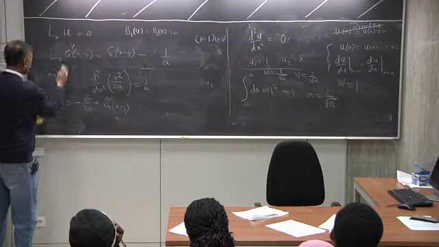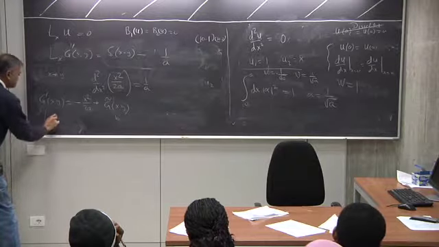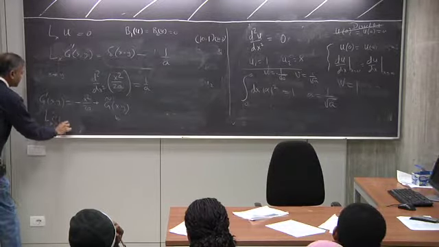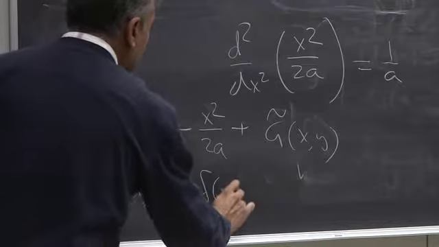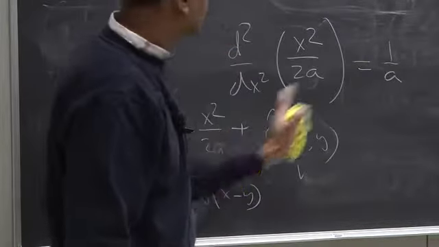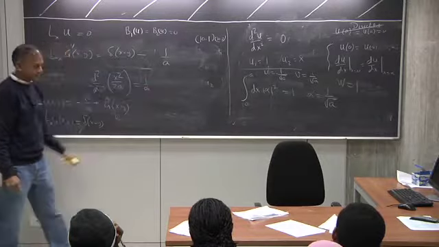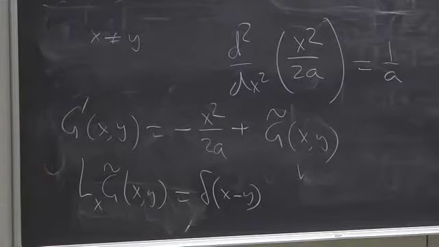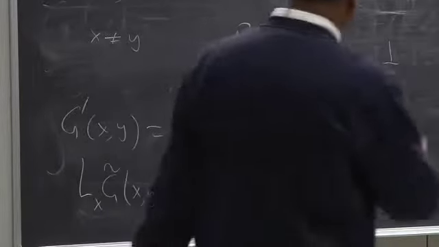Then plug that back here, and you see that G tilde satisfies the equation G tilde of xy is simply delta x minus y, because that term drops off. This term cancels that term. So now G tilde, of course, I can expand in terms of the fundamental set of solutions when x is not equal to y. So we write down the two things.